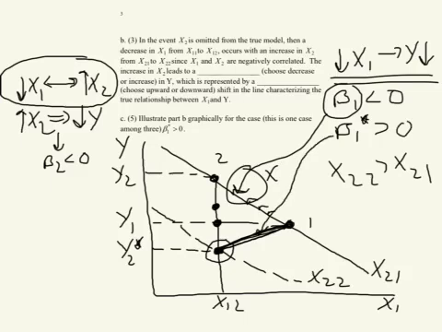And that shows, if you think about what we got here, x1 decreased and y decreased as well. So it's a positive relationship. And that's how you illustrate the bias.